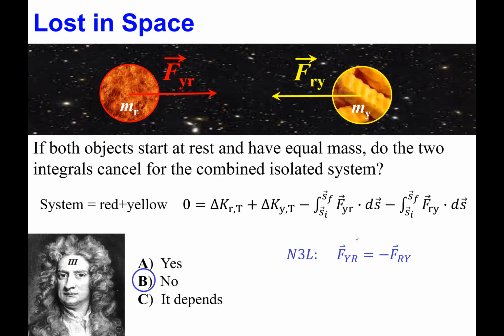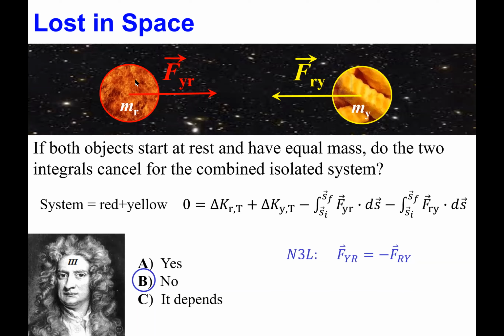It's indeed the case that these forces together form a third law pair. That's true. But the fact that the displacement of each one of these objects points in opposite directions is also crucial to take into account.